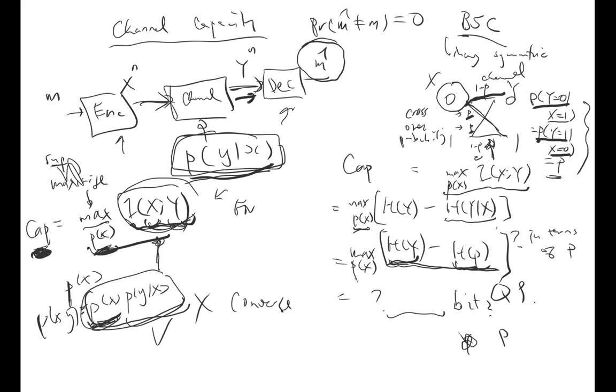This part is controlled by p, but this thing you have the freedom to modify. You want to modify it in such a way that this expression is maximized. So what should I pick for p_X such that this will be maximized, and what will be the value when I maximize this expression?